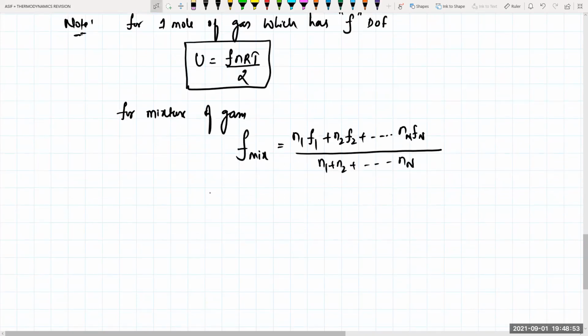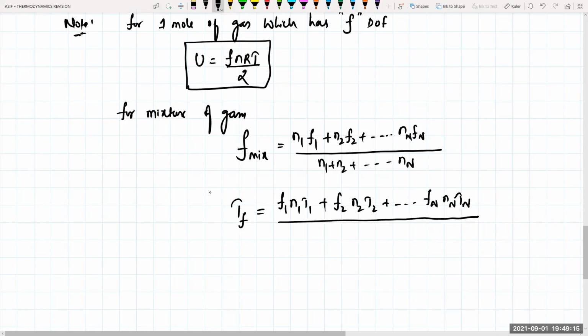Now, if I'm writing it in terms of temperature for the mixture, where F is the degrees of freedom, I will write F1 N1 T1 plus F2 N2 T2 plus so on up to Fn Nn Tn, divided by F1 N1 plus F2 N2 plus so on up to Fn Nn. So this is an important relation you need to remember.